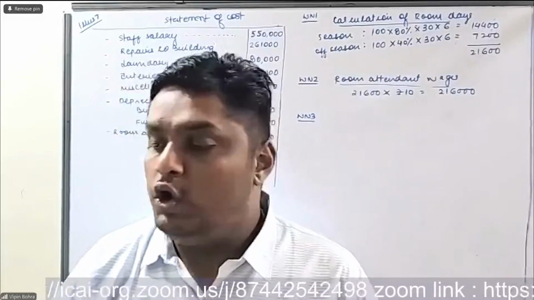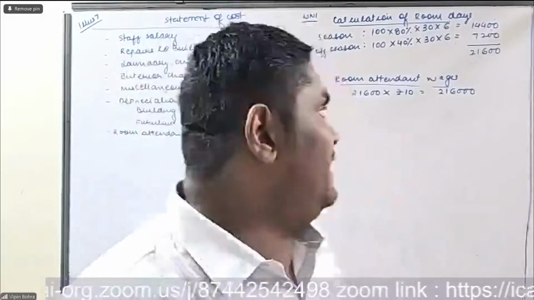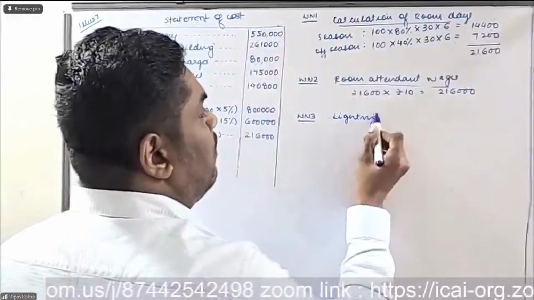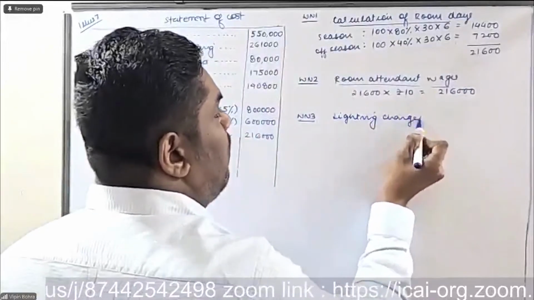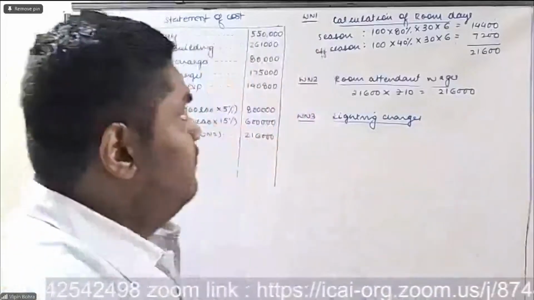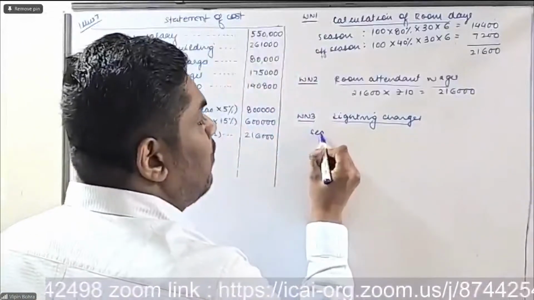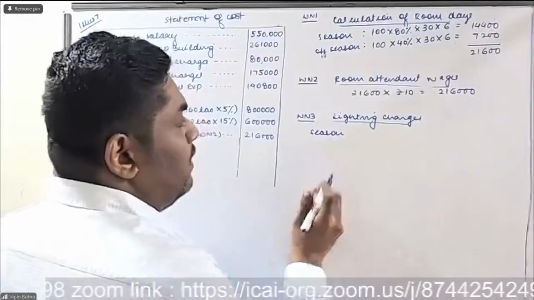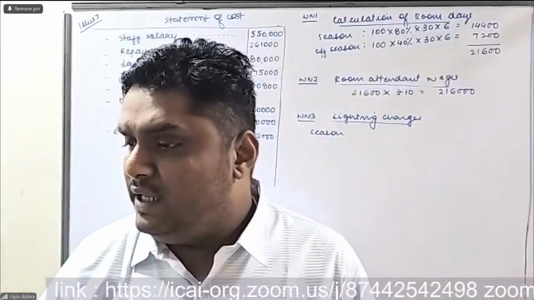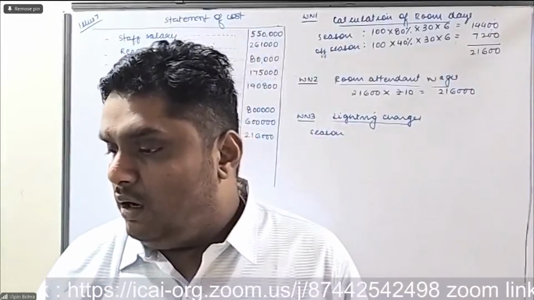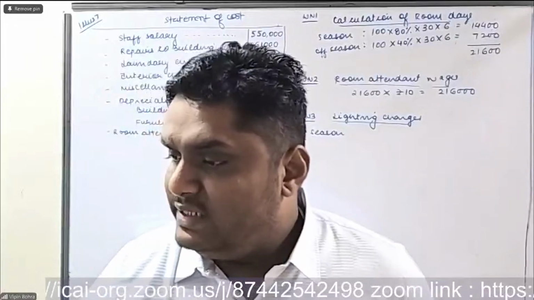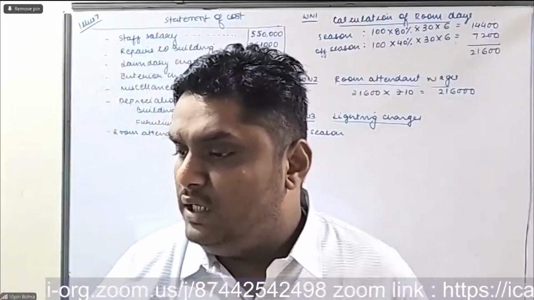So herein, when talking about the lighting charges, again, we will prepare a working note for season and off season separately, because it is given in the question that except in 4 months in winter, it is rupees 30 per room.